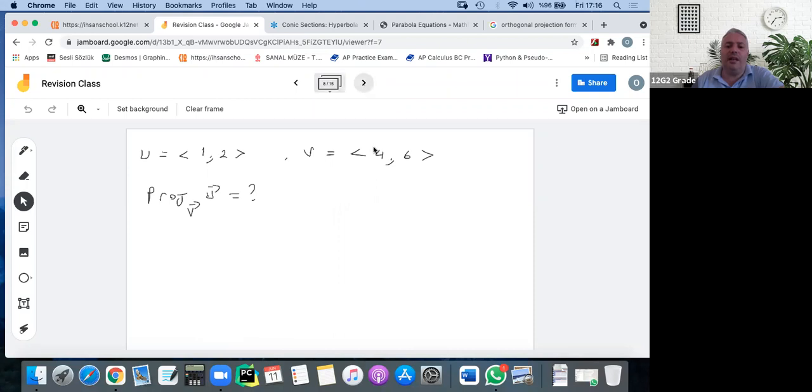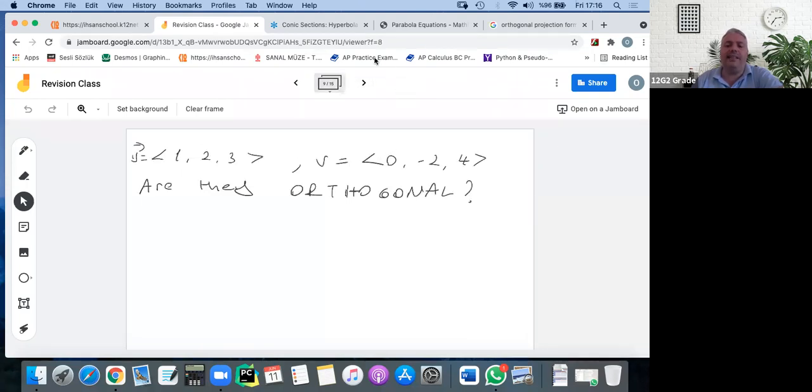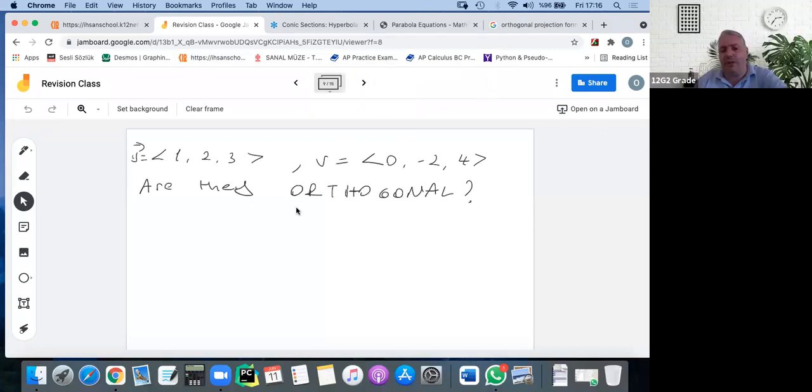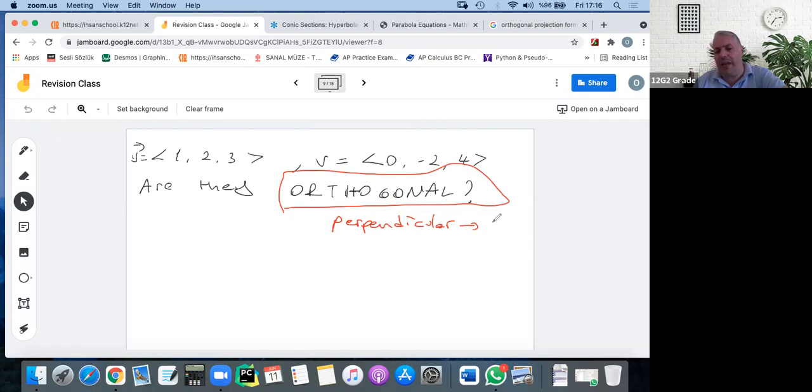Question number 9. It's a very simple question. Are they orthogonal? Whenever you see orthogonal, it means perpendicular. We use perpendicular as a term when the vector is 2-dimensional, and we use orthogonal when the vector is 3-dimensional.